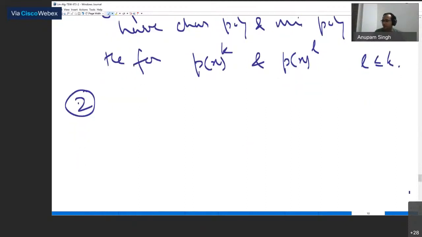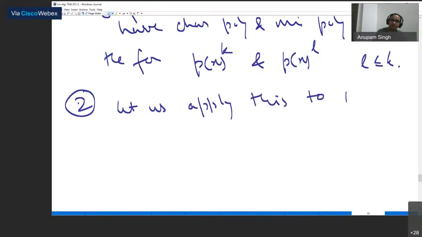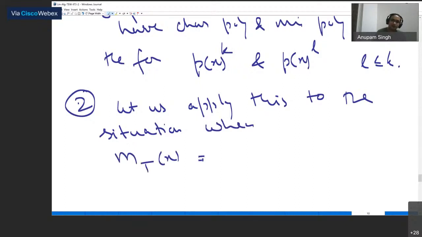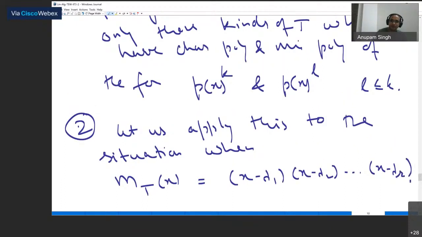Let's look at the situation, so let us apply this to the situation when the minimal polynomial of T is of the form x minus lambda 1, x minus lambda 2, and so on, x minus lambda r, right?